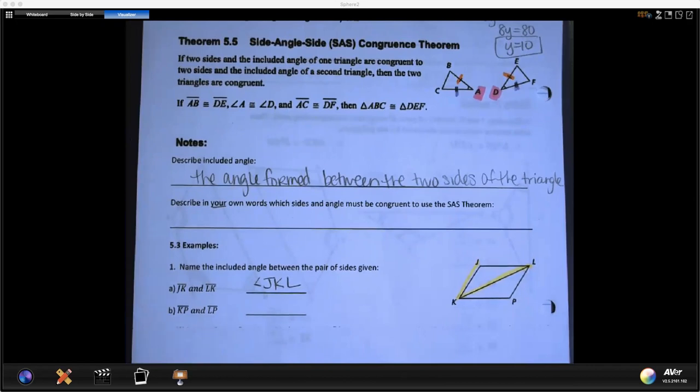KP and LP. What's the included angle between KP and LP? All right, tell someone near you what you got.